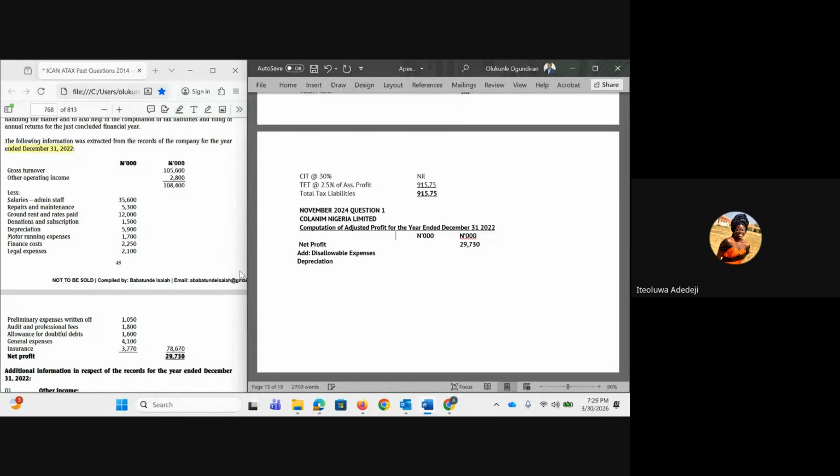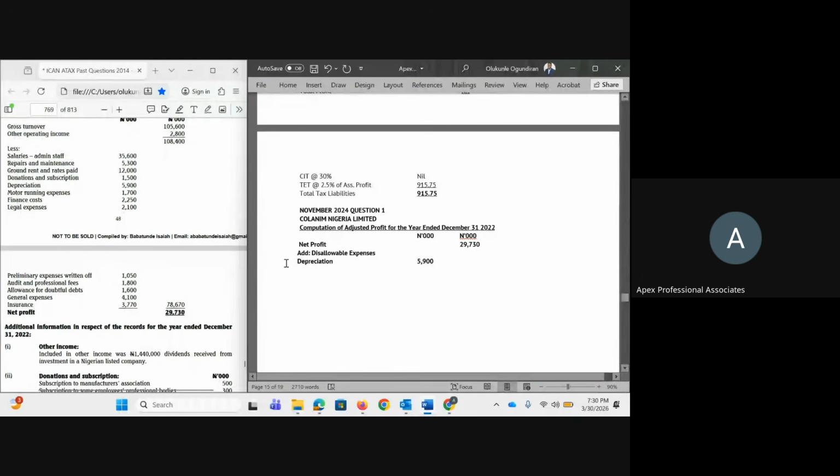Then we have motor running expenses, allowed. Finance costs, allowed. Legal expenses, allowed. But preliminary expenses is disallowed, Abby. 1,050.